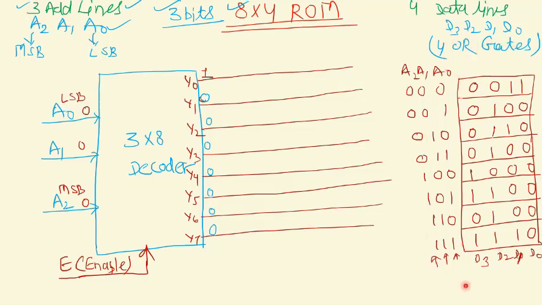So D0, D1, D2, D3 will be defined something like this. There will be 4 OR gates.